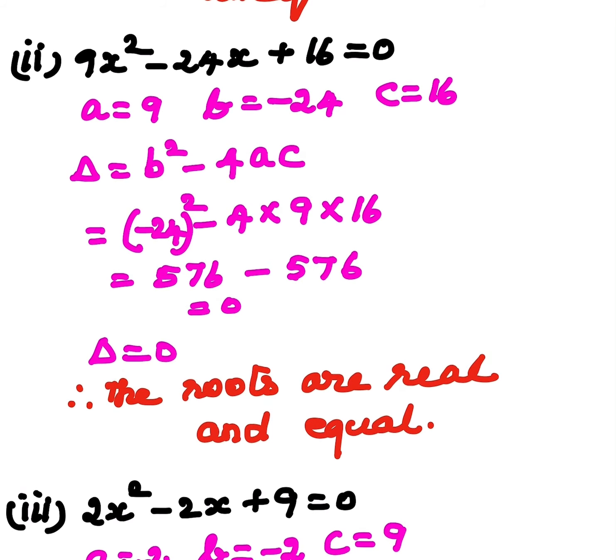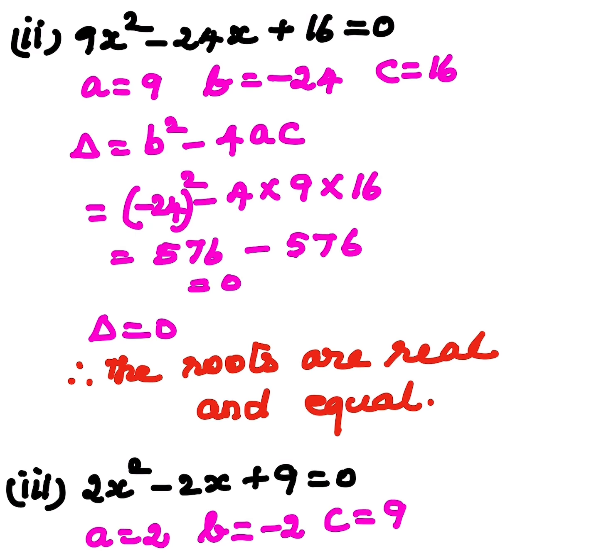Now let us find the nature of the roots of 9x squared minus 24x plus 16 equal to 0. Comparing with ax squared plus bx plus c equal to 0, a is equal to 9, b is equal to minus 24 and c is equal to 16.